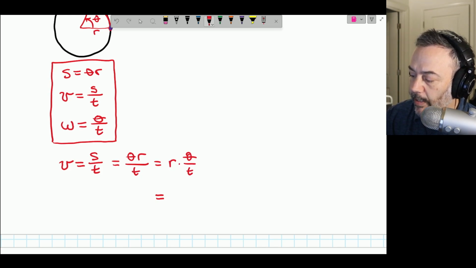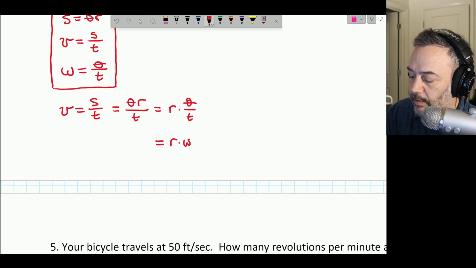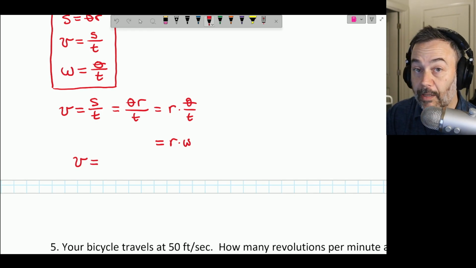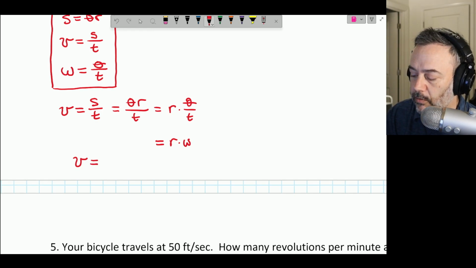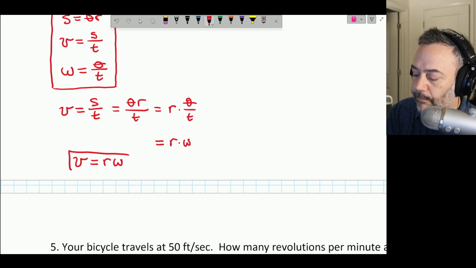Now, why did I want to do that? I want to do that because theta over t is our angular speed. So this is r times omega. So what we get is a new fourth equation, which is the velocity of the paint particle traveling around the circle is equal to r omega.